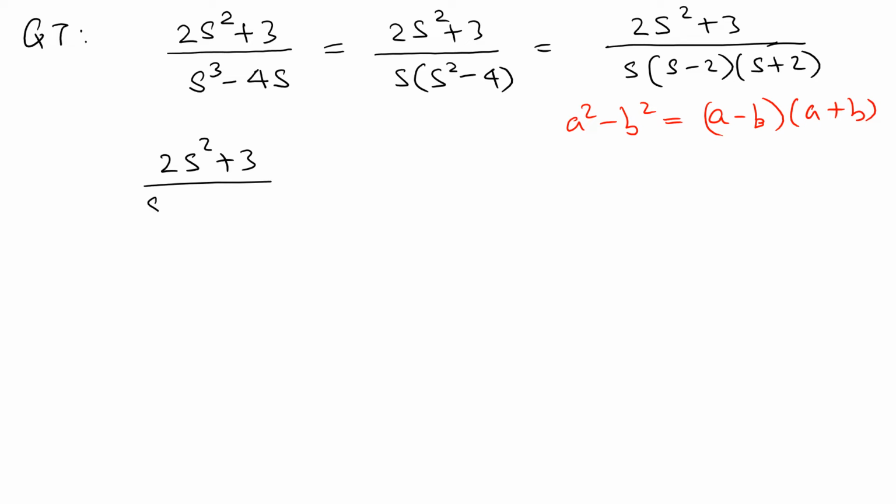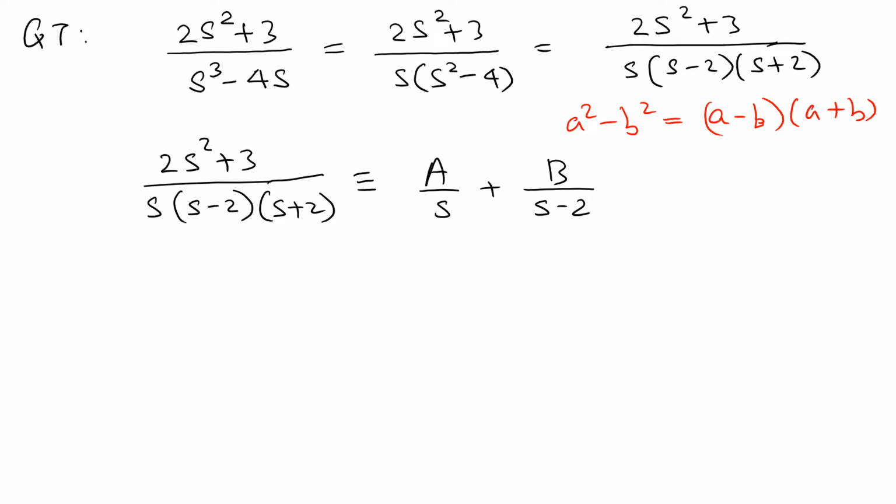So we have s minus 2 and s plus 2, which is identical to before. We can write a over s, that's the first term. There's no order, you can write any order you like. And then b over s minus 2 and then c over s plus 2.